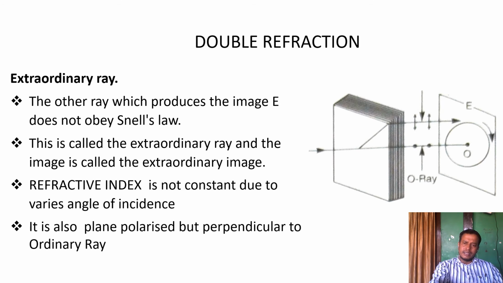This extraordinary ray is also plane polarized, but it is perpendicular to the ordinary ray. This is all about the explanation of the double refraction phenomenon, and another name for it is birefringence. Two rays are produced, the ordinary and extraordinary ray.